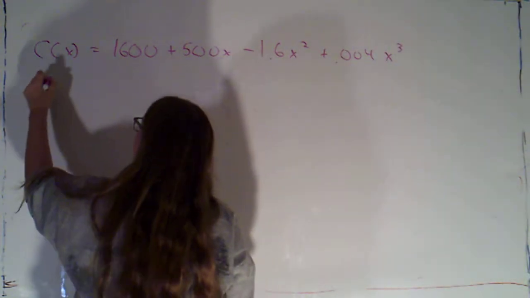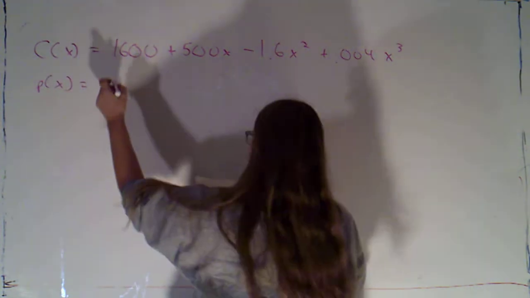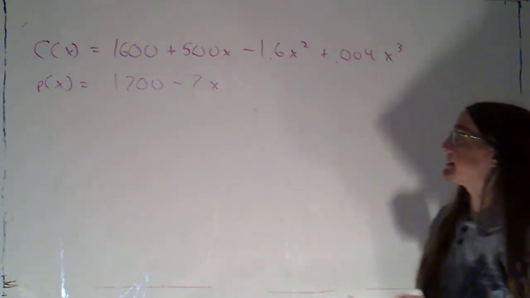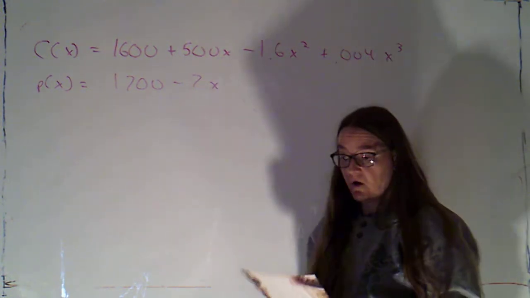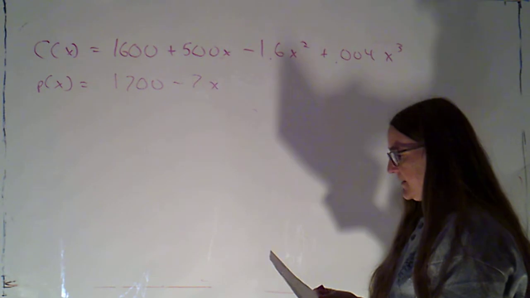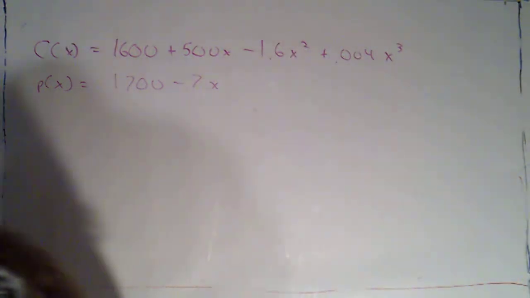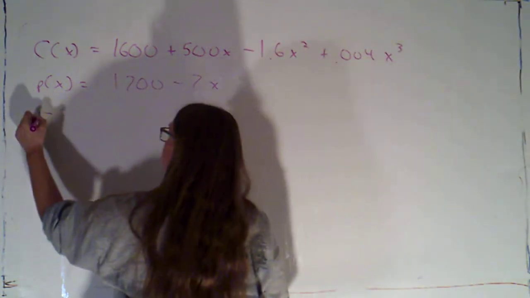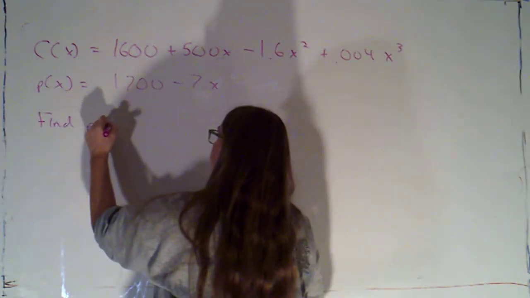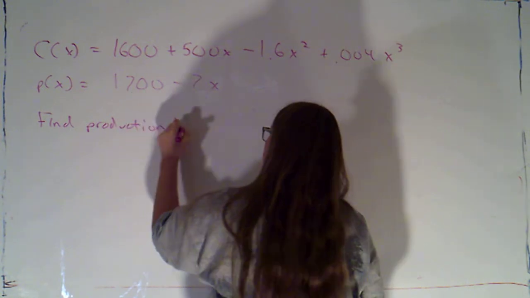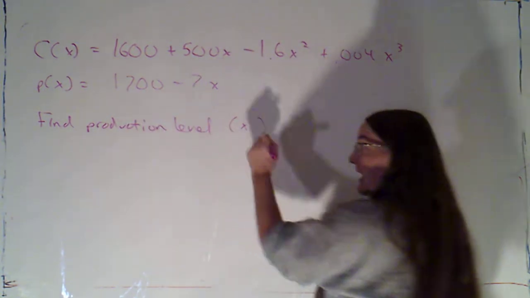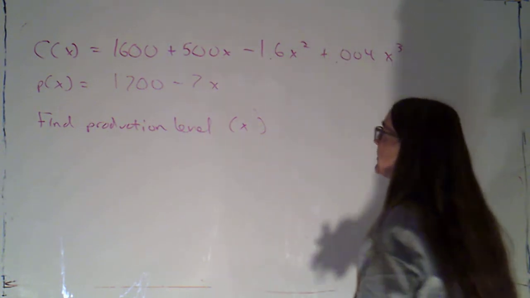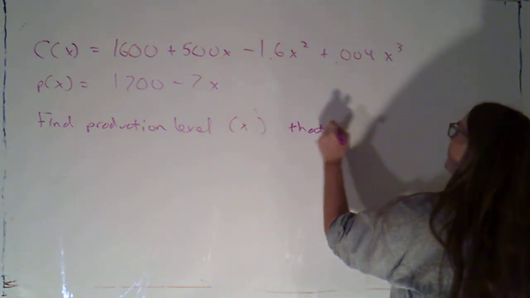And they're going to give us that the price function is 1700 minus 7x. That's the price function, or again, I could call that the demand function. Okay. And what they're asking us to do in this case is find the production level, so that would be the x value. That's the number that we're going to produce that maximizes profit.